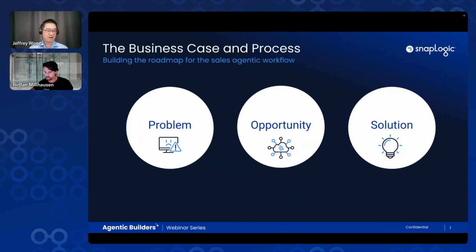So Jordan, you're a solution engineer here at SnapLogic. You see firsthand, and deal with it every single day, what were some of the problems you were facing as a solution engineer? Yeah, so when I joined SnapLogic back in November, a few short months later I started really diving into agentic creation within SnapLogic.